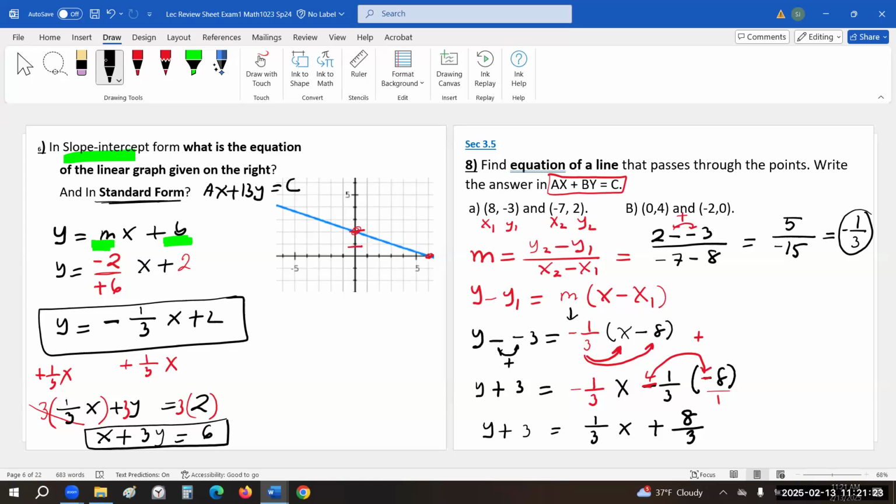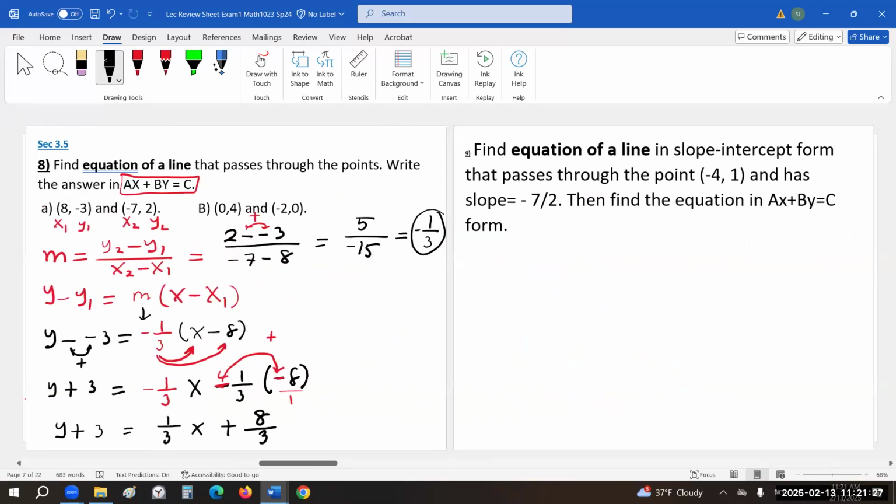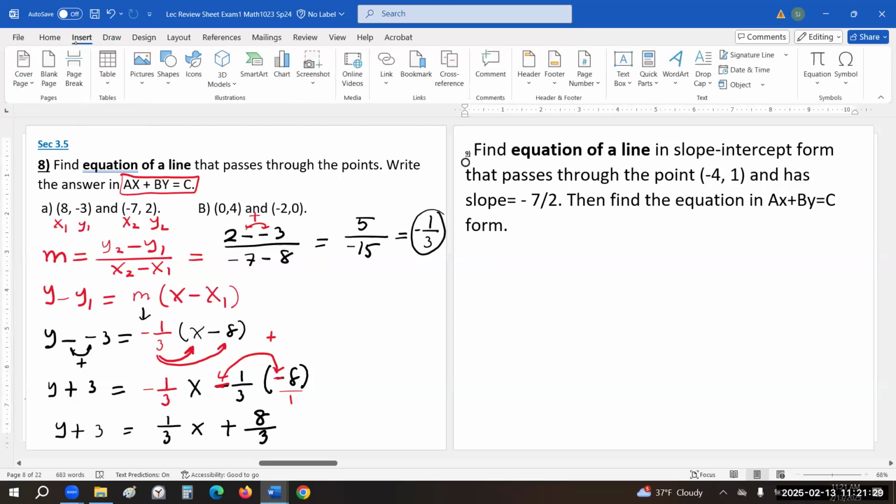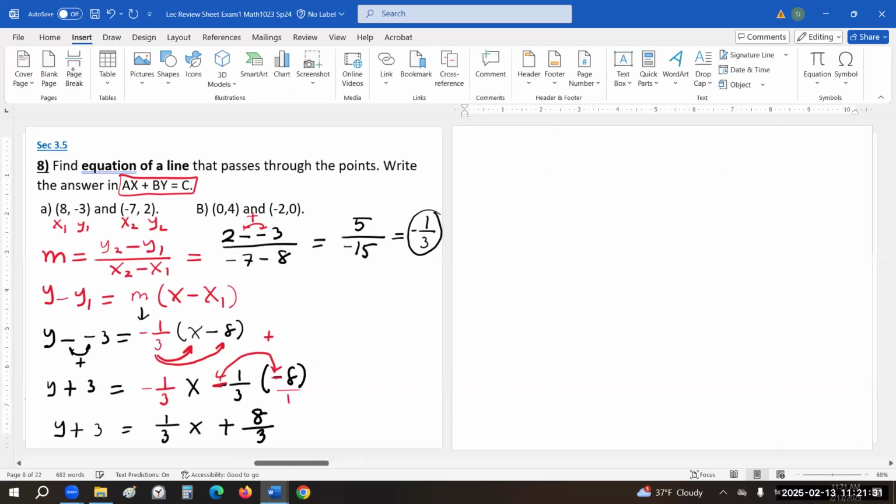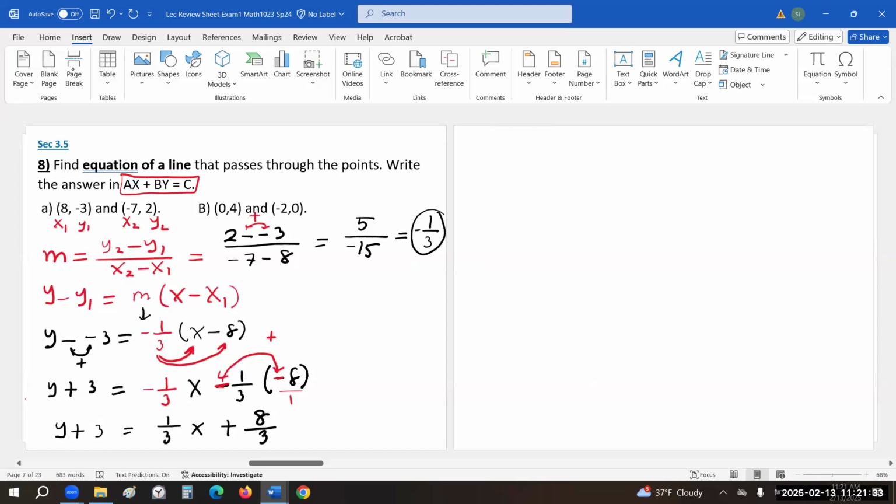We are not done because we have to bring x and y together, so we go to the next step. Here we have y plus 3 equals negative 1/3 x plus 8/3.